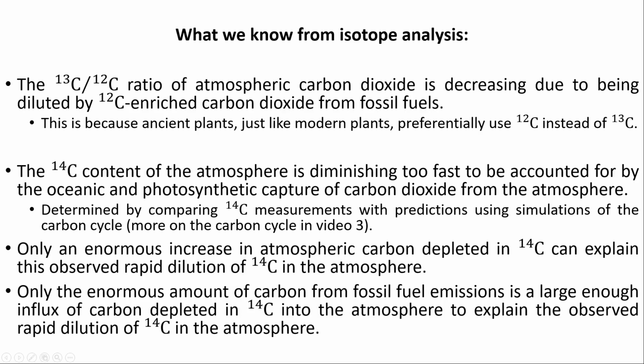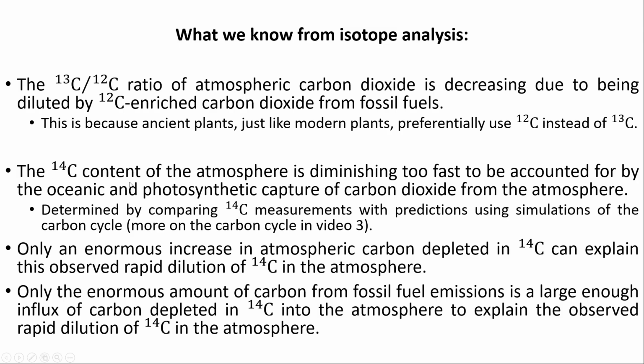And so all of the fossil fuels, which come from organic matter, are depleted in the carbon-13, which is the same as saying enriched in carbon-12. And so adding all that carbon dioxide into the air is going to deplete the amount of carbon-13 in the air.